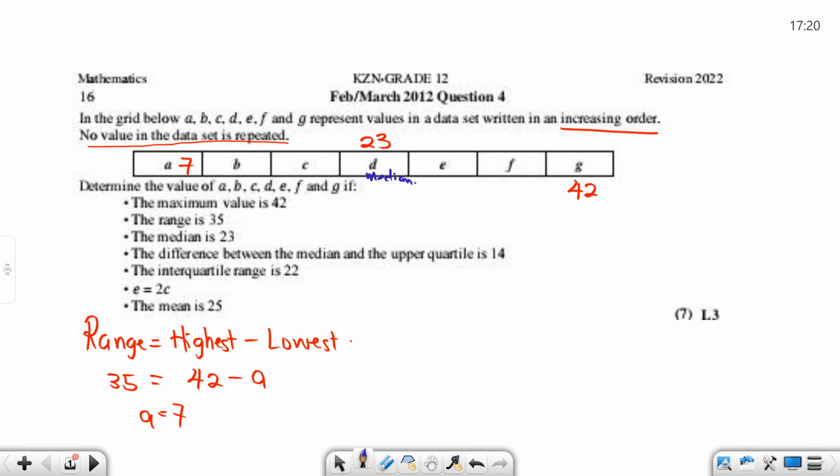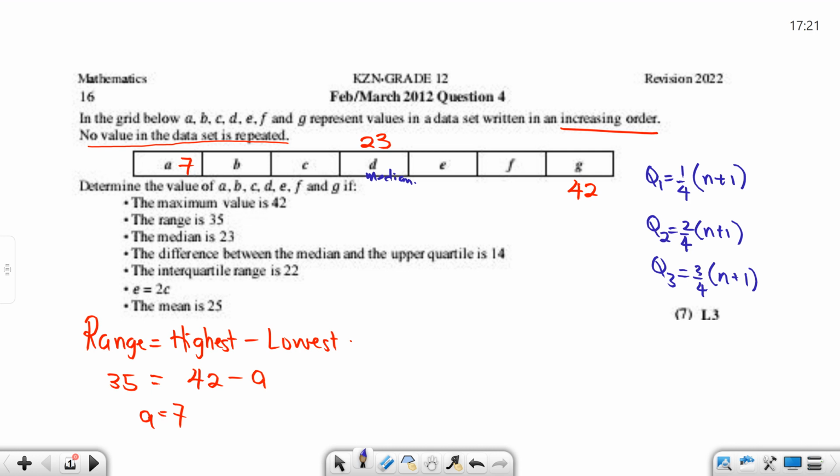Now, there's a formula that works as well when you say quartiles. Normally your Q1 is 1 over 4 into bracket n plus 1. Q2 is 2 over 4 times n plus 1. Q3 is 3 over 4 times n plus 1.